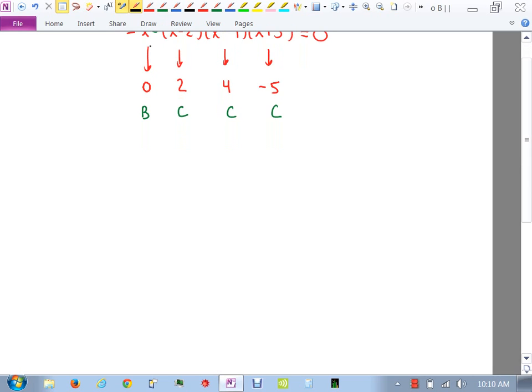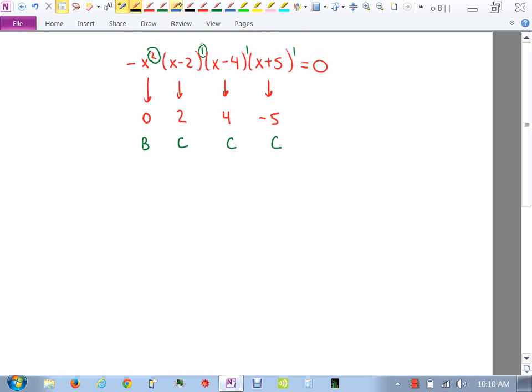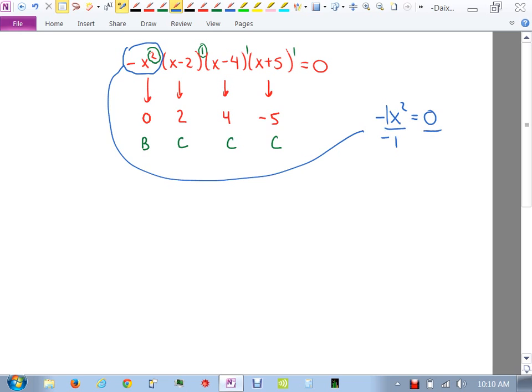Okay, good. I'm glad you asked. What you're doing here is this. You're basically saying, when is negative x squared equal to 0? You look at that negative in front as being a negative 1. Now just get rid of the negative 1 by dividing both sides by negative 1.